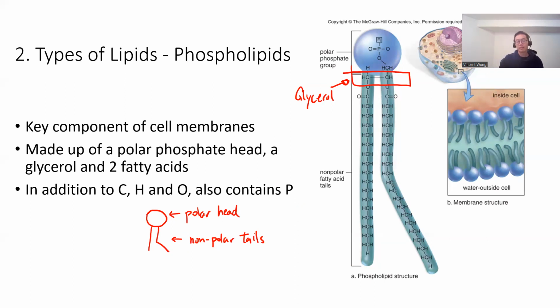This actually is what detergents look like. If you try to wash the plates and it's greasy, if you only use water, you can't really wash off the grease. That makes sense because water and grease don't mix together. But detergent looks a lot like this phospholipid.